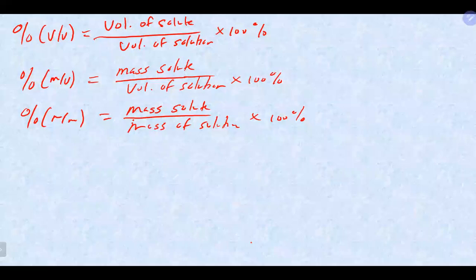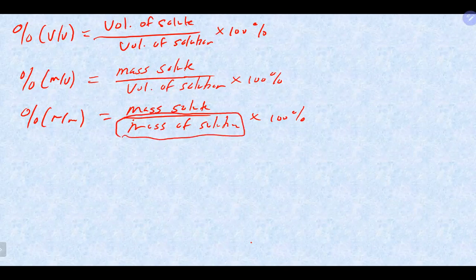The only one that you really have to worry about, like I said on the bottom there, is usually this one, because that is usually given separately. The volume of solution in both the top one and the middle one is usually just given to you a lot of times in the problem, so you don't usually have to worry about whether it is the solute or the solvent.